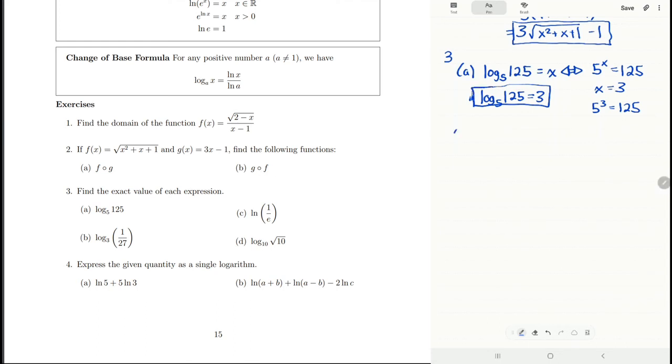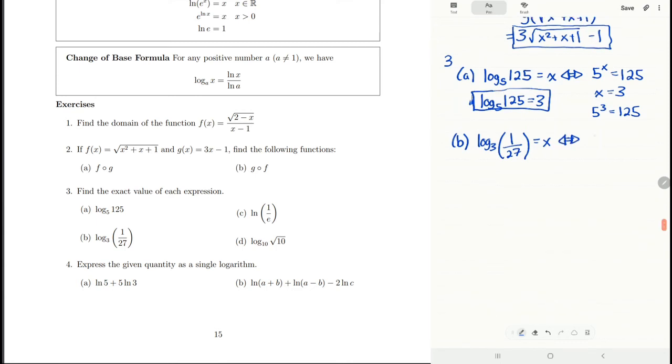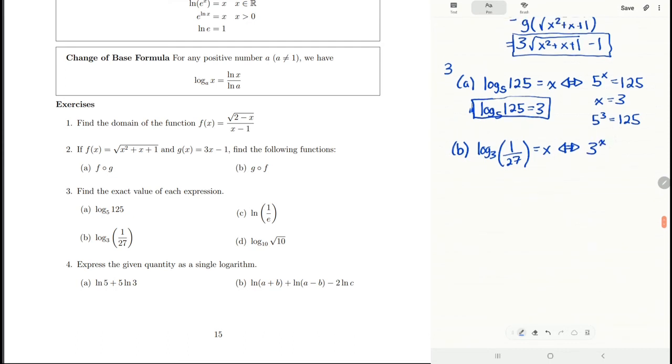Now for b, we have log base 3 of 1 over 27. So again, if we call this number x, then the equivalent form is 3 to the power of x is equal to 1 over 27.